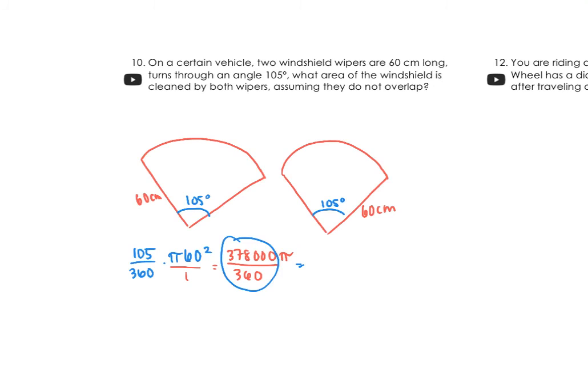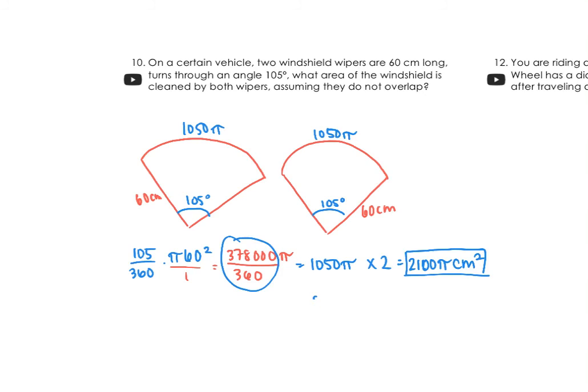And then we just divide here. So divide by 360, you get 1050 pi. So that's the area of 1, but since we have 2 of them, that means this is 1050 pi and this is 1050 pi. So the total area, we're going to multiply that by 2. So 1050 times 2 is 2100 pi. That would be my total area.